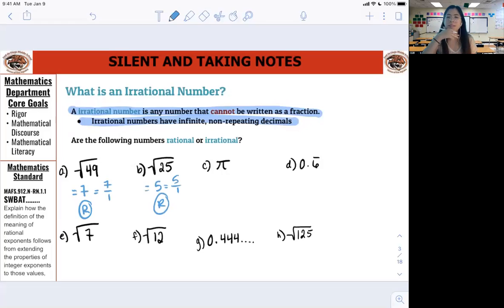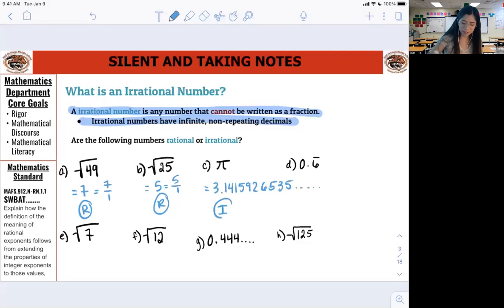Pi. What's pi? That's 3.14. Does pi end at the 14 or does it keep going? It keeps going. Does it ever end? No. Does it follow a pattern? No. So is pi irrational? Yes, it is irrational, because it's 3.141592653, and it keeps going.